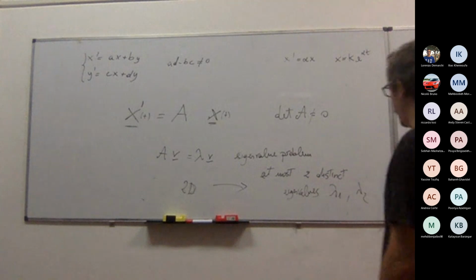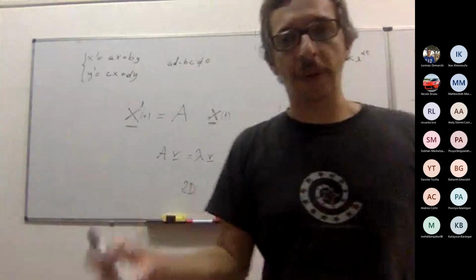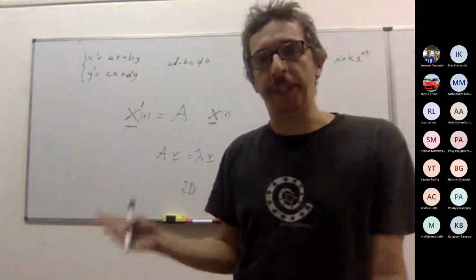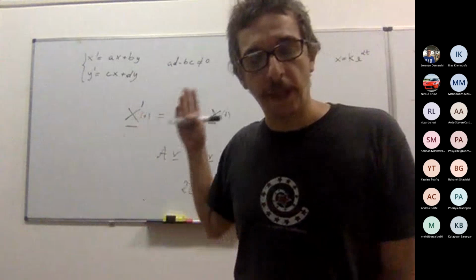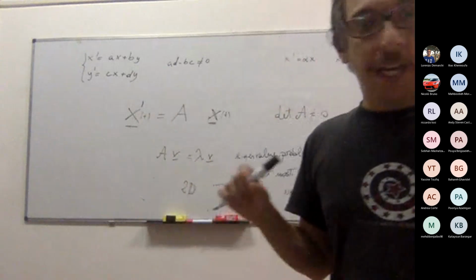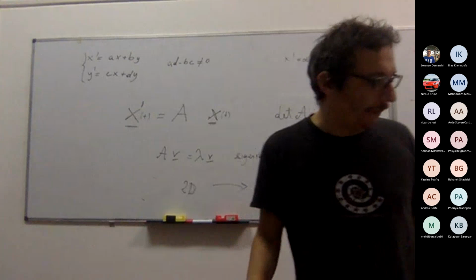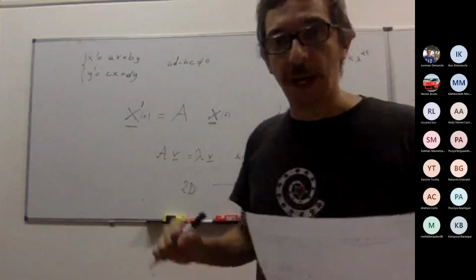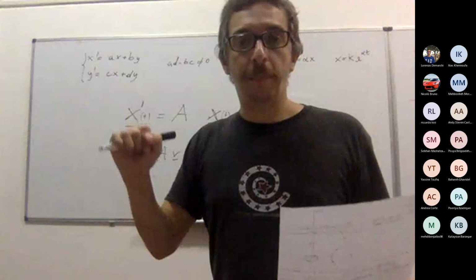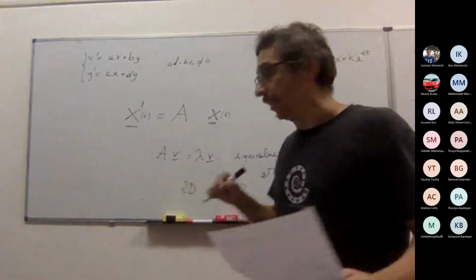And depending on the sign of lambda 1 and lambda 2, and who is larger between lambda 1 and lambda 2, I will have different behaviors of the critical points of the linear system. And the last thing that I want to show you today is what happens for lambda 1 and lambda 2 both positive, real, and distinct.